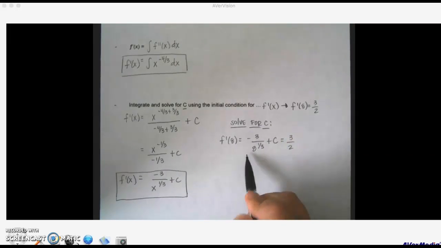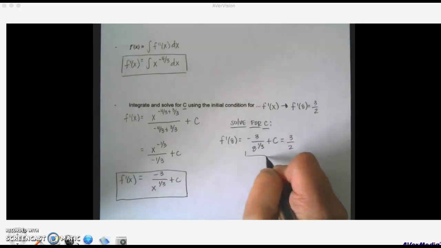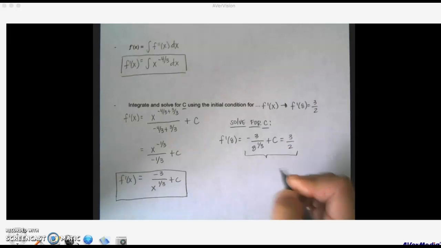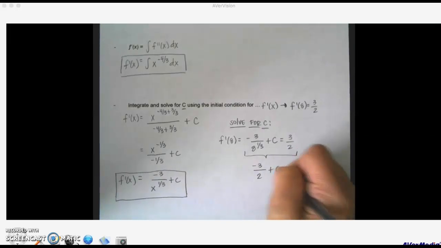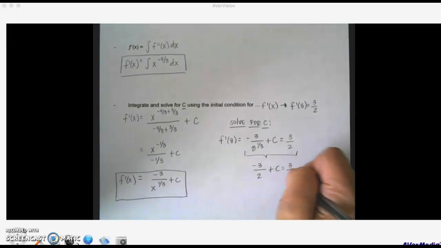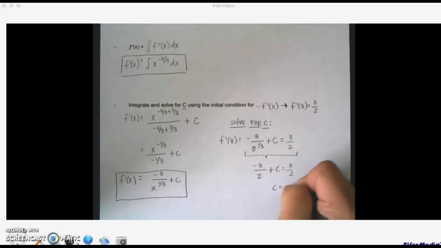So we're just going to look at this part right here to solve for our c value. So we have now negative 3, and 8 to the 1/3 is 2. And solving for our c, we get that c is equal to 6 over 2, which is 3.